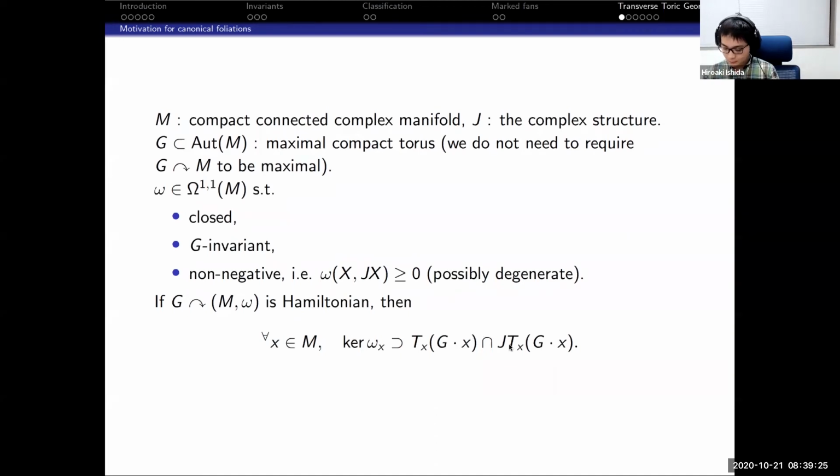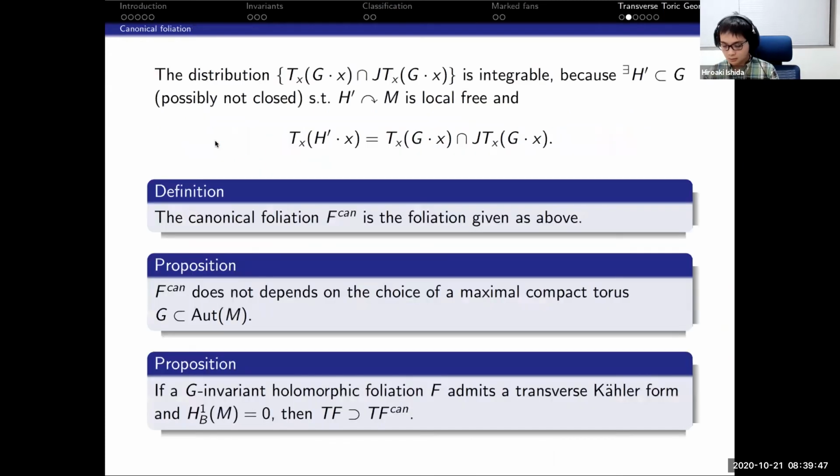And this subspace doesn't depend on the two-form. It depends only on the complex structure and the choice of maximal compact torus in the group of automorphisms. So we consider the distribution consisting of these subspaces.